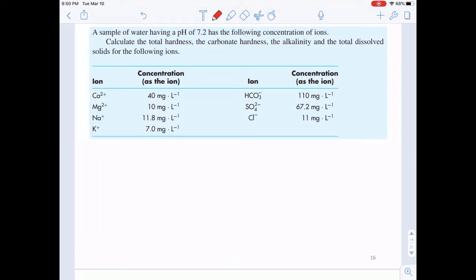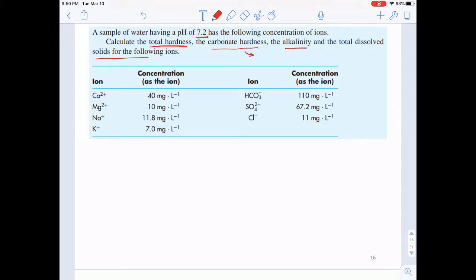Okay. So here, let's do a simple example again, just to get you more familiarized with this process. Here we have another sample of water that has a pH of 7.2. It's almost neutral, which means that the hydrogen and hydroxide concentrations are very low. We can ignore that. It wants us to calculate the total hardness, the carbonate hardness, and the alkalinity of all of these dissolved solids, right?